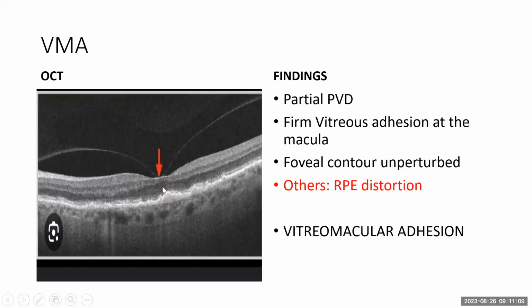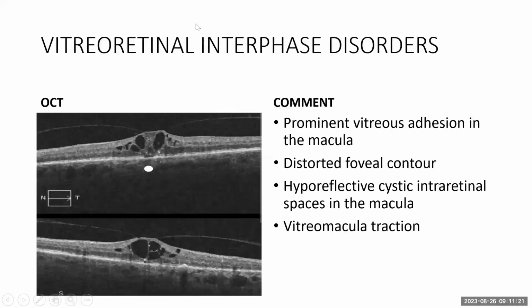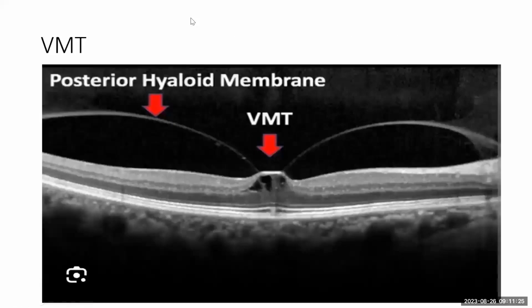So this is an adhesion, okay? Vitreomacular adhesion is at the interface between the vitreous and the macula. Now, I know most of us would have noted the difference between the first image and this second image. Now, I'll point out the difference here. This is the vitreous, the posterior hyaloid. This is the macula.